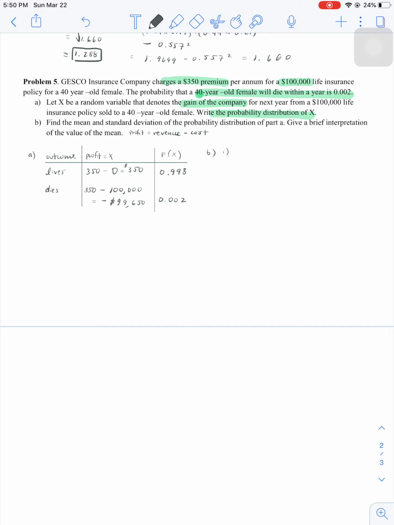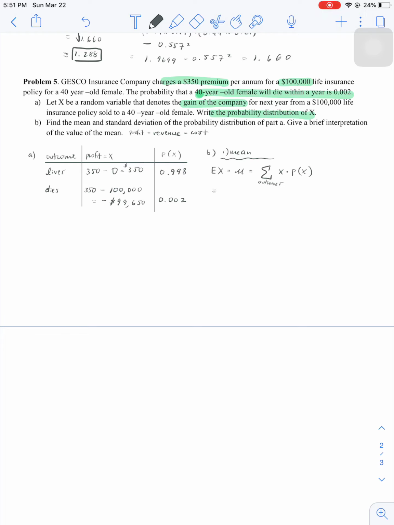So now we'll do the first part of problem B, which is finding the mean. Remember that for a random variable, the mean is simply the expected value of that random variable. We'll denote it with a mu. And our formula for the expected value is the sum over all the possible outcomes of the value that x takes in that outcome times the probability.